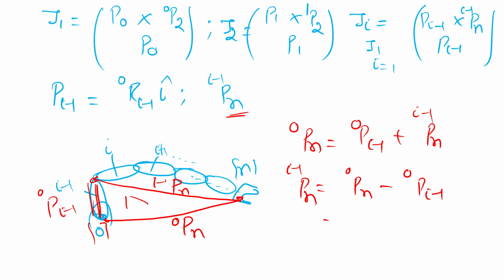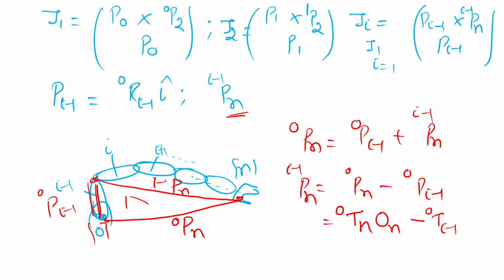How do I get this? Since it is with respect to a different frame, I need a transformation matrix: the transformation matrix of the nth frame with respect to the 0th frame. Then I want the position vector. If I want to get the position vector alone, the transformation matrix should be multiplied by one unit vector, in the order of n by one. Then minus T(i-1,0) again.